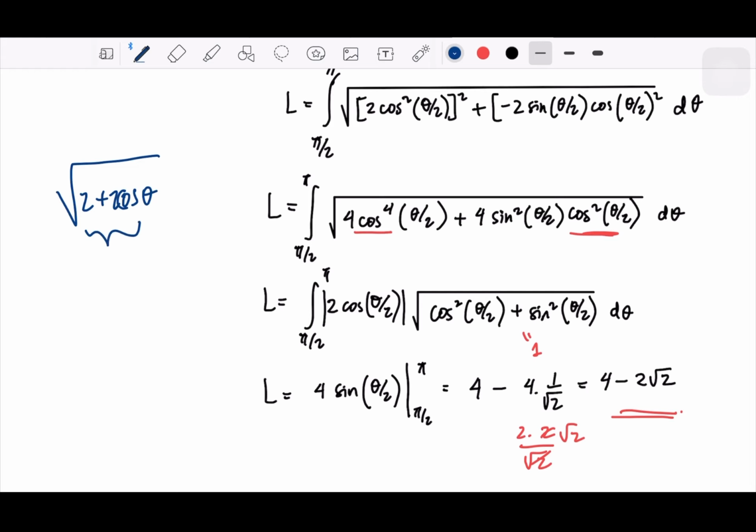You can change to double angle, half angle, and having the sum squared, right? You have something like cos squared theta over 2, and then you can cancel with the square root. And I think the same answer will appear.